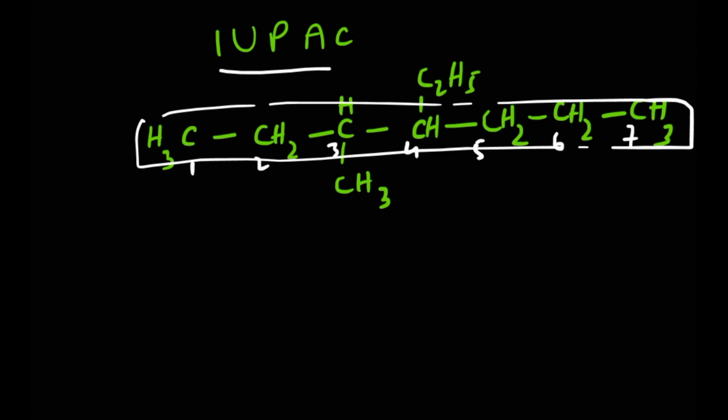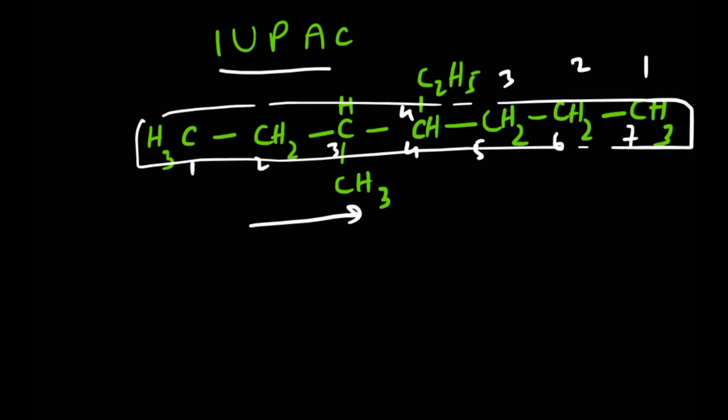Here the methyl comes at number 3, but if you start from here, then the ethyl will come at number 4. So from here the branch chain comes at number 3, but from here at number 4. So we should follow this direction as it comes at number 3. Okay, clear? The second rule is clear.